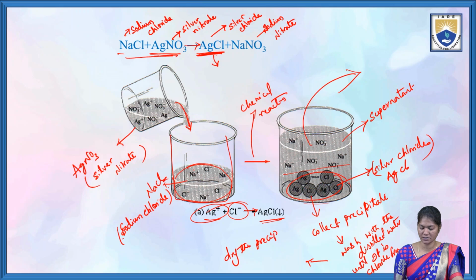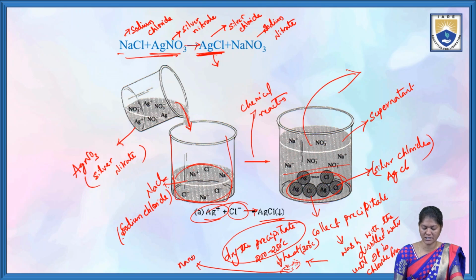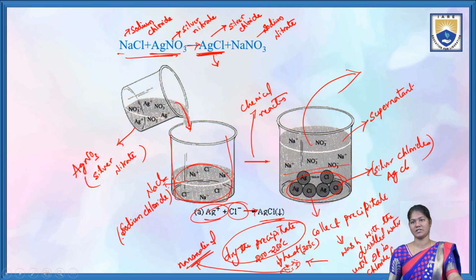Dry the precipitate at temperatures of 200 to 250 degrees centigrade, then heat at 300 degrees centigrade. We get a powder, which is the desired nanomaterial.